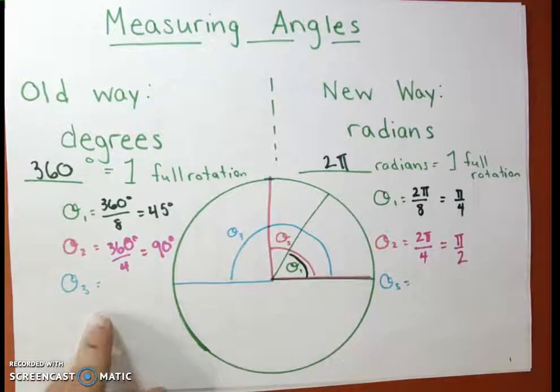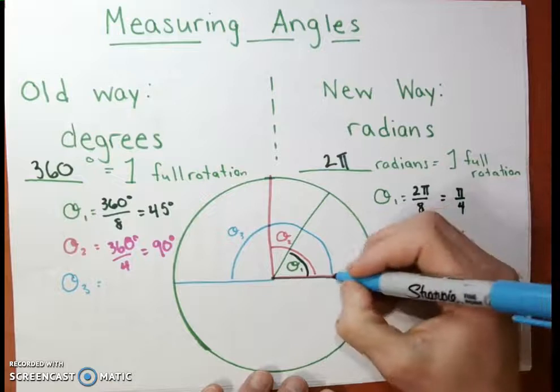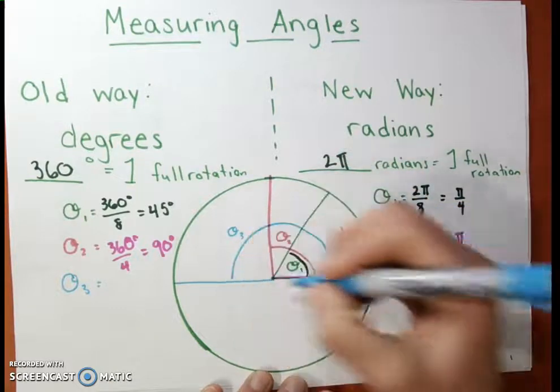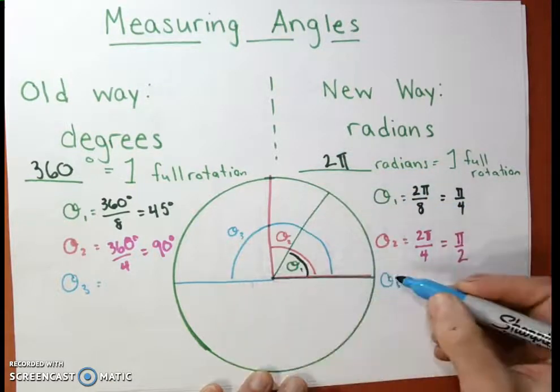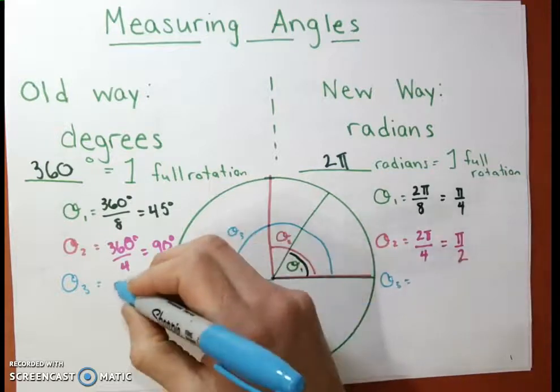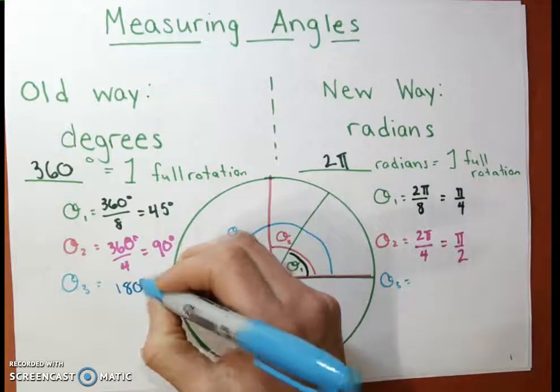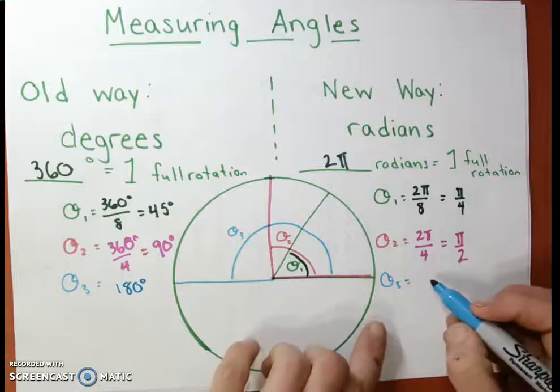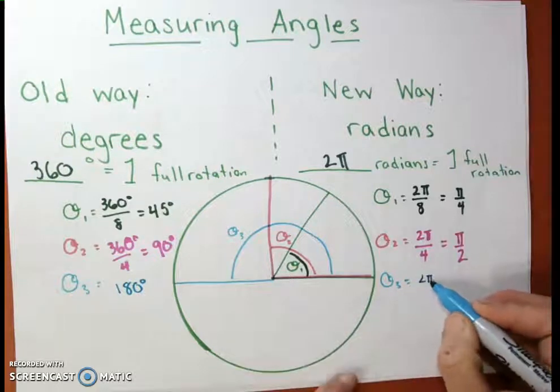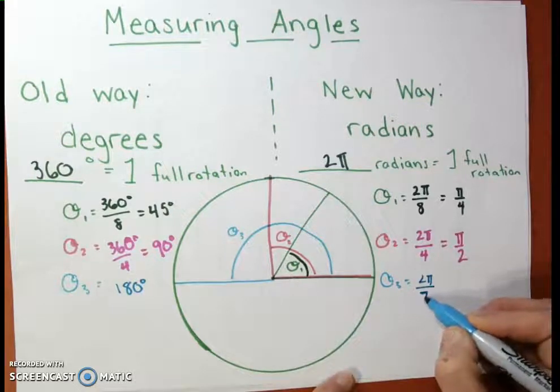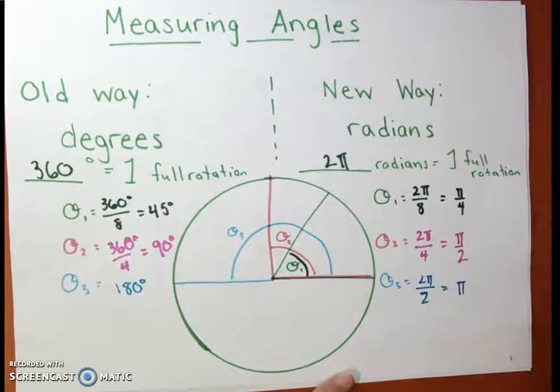In our last example, we go all the way around to make a straight line. So what is a straight line worth of degrees? Well, that's 180 degrees. It's half of the circle. So in radians, if we divide our circle into 2 equal parts, that's pi radians.